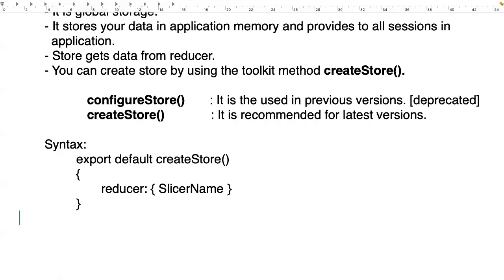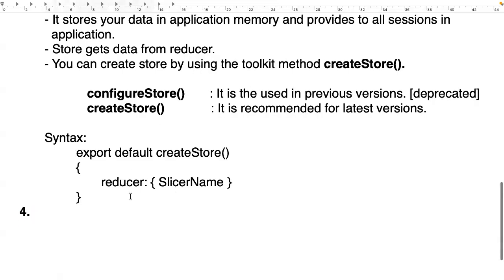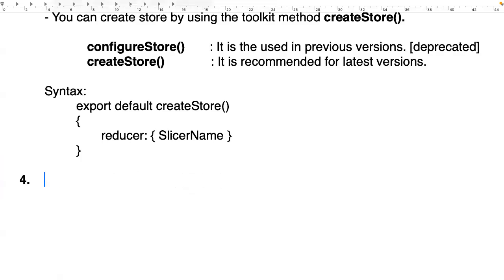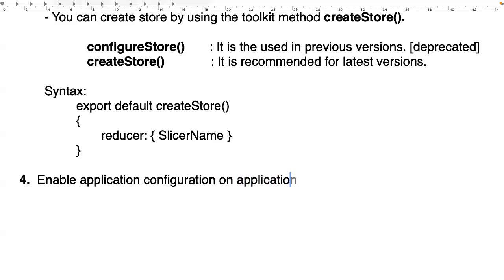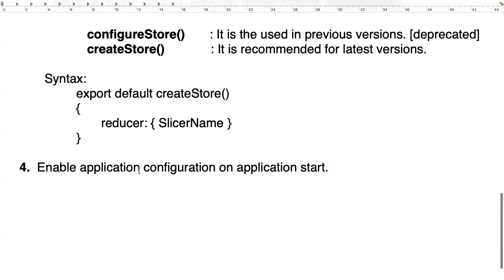So next, enable application state configuration on application start. Application start means the application starts from main.jsx.